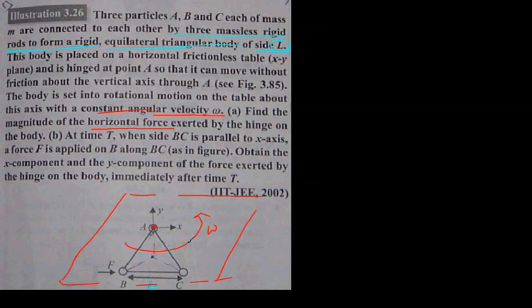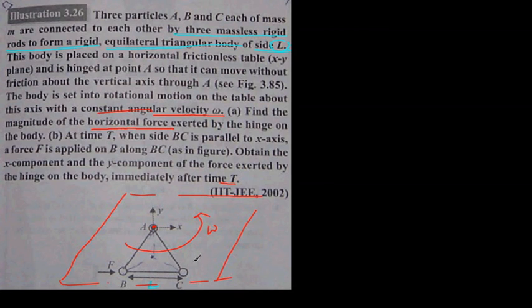The second problem: at time t, when side BC is parallel to the x-axis, a force F is applied on B along BC as in the figure. Obtain the x component and y component of the force exerted by the hinge on the body immediately after time t, just immediately after it is aligned to the x-axis.